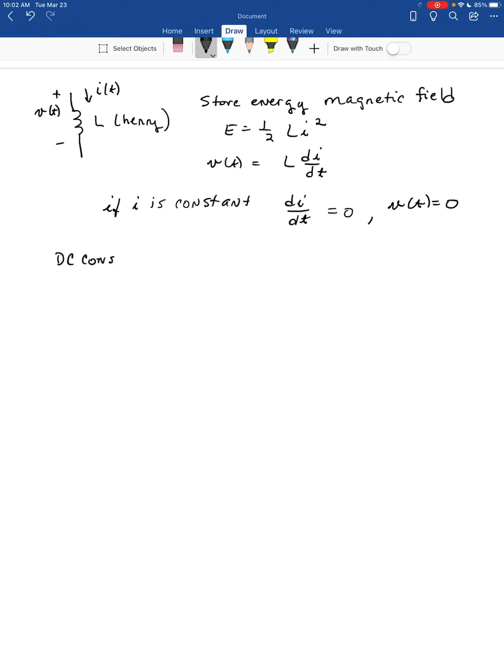So under DC conditions, meaning constant current, inductors look like shorts, like short circuits.